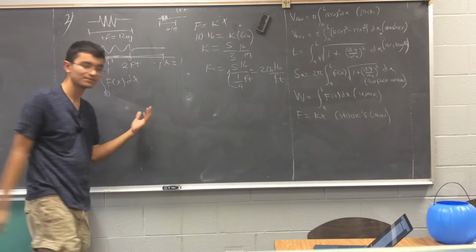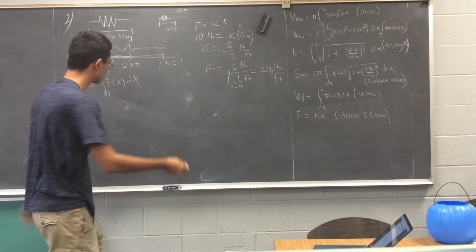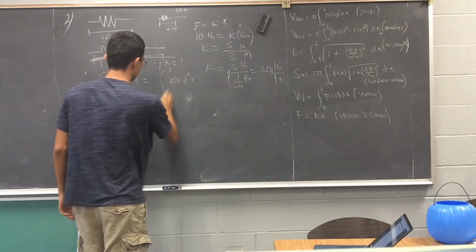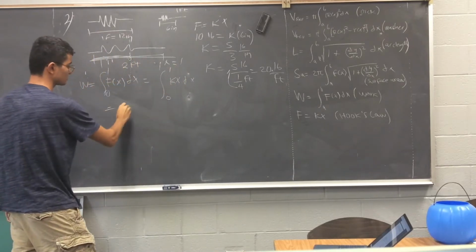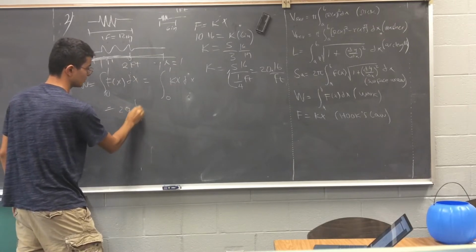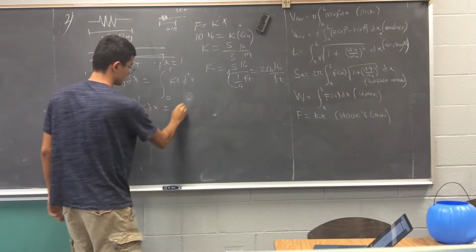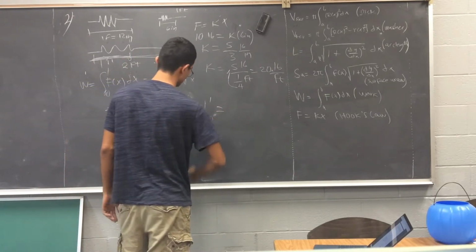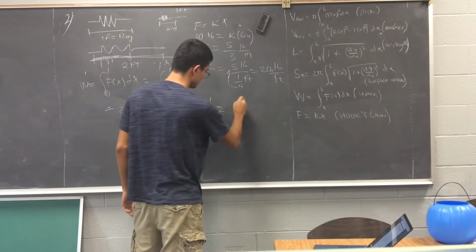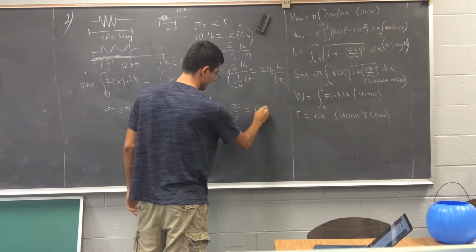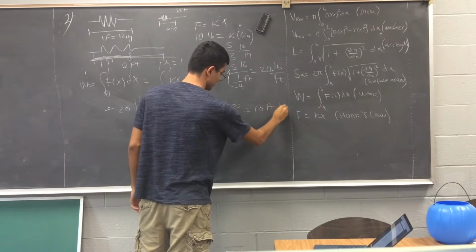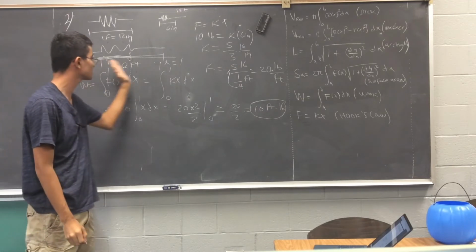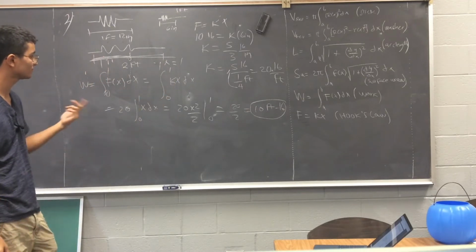And f of x is Hooke's law, kx, so that's the integral of kx dx from 0 to 1. With k equal to 20, that's 20 times the integral from 0 to 1 of x dx, which is 20 x squared over 2 from 0 to 1. When we substitute, 20 over 2 is 10 foot-pounds. So that's the work done when you stretch the spring 1 more foot than its natural length.